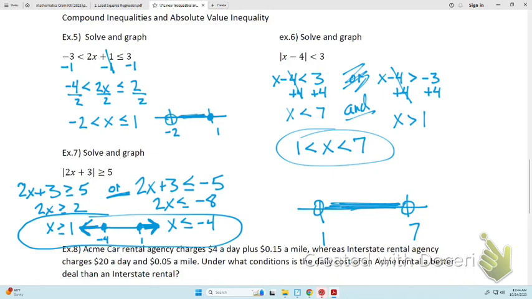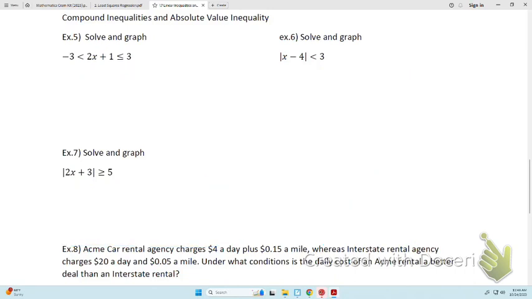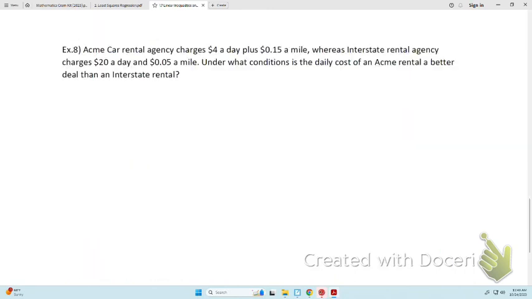All right, last problem. It's a word problem about renting a car. So maybe hit pause and write an equation for A and for I. A should be 4 plus 15x or 15m, something like that, because we're charging mileage for a day.